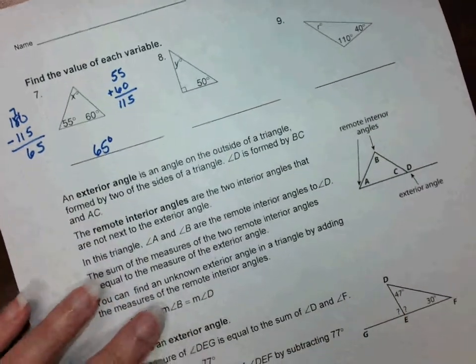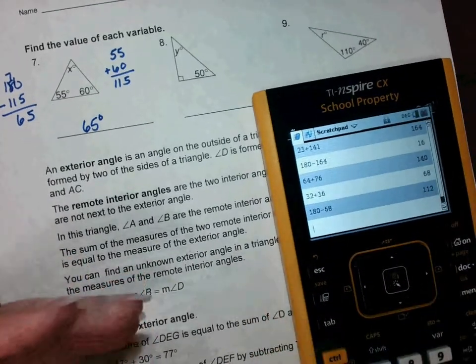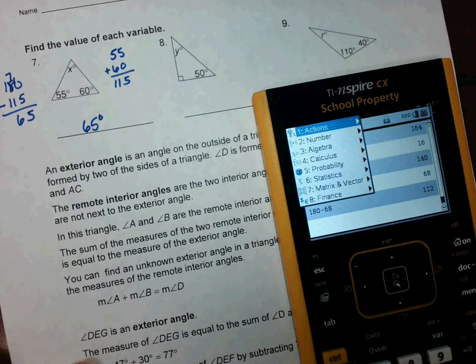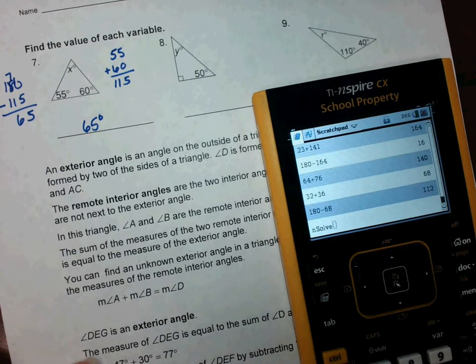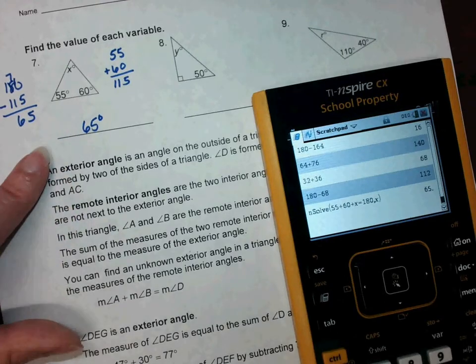Now you could, and maybe we should start talking about that, we could do this algebraically using Solve. I could do menu 3-1, and I could say, okay, 55 plus 60 plus x has to equal 180 degrees, and then do comma x. And it'll give me this answer.